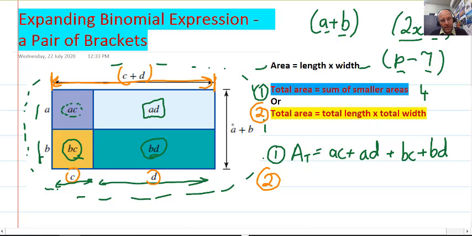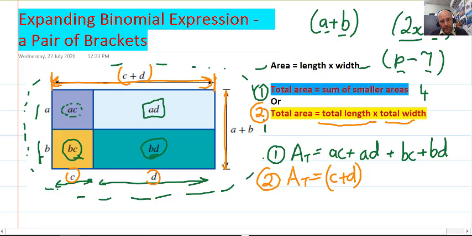So that's called C plus D. So total length is C plus D. Now, because that's a binomial, I'm going to use brackets to keep it together so there's no confusion. We've done the total length, now we need to do the total width.